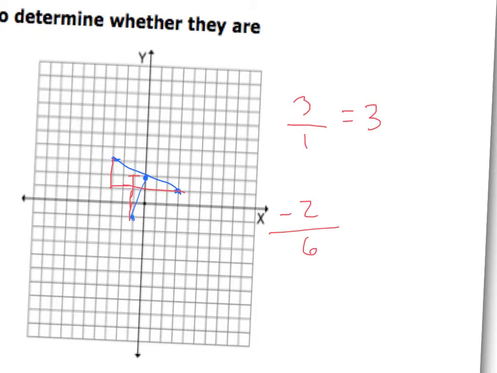Okay, so -2 divided by 6, if you go ahead and reduce that, that is -1/3. And you'll see when you compare these two different slopes that they are in fact opposite reciprocals. Remember, opposite reciprocals, you flip it over and change the sign. So these would be perpendicular.